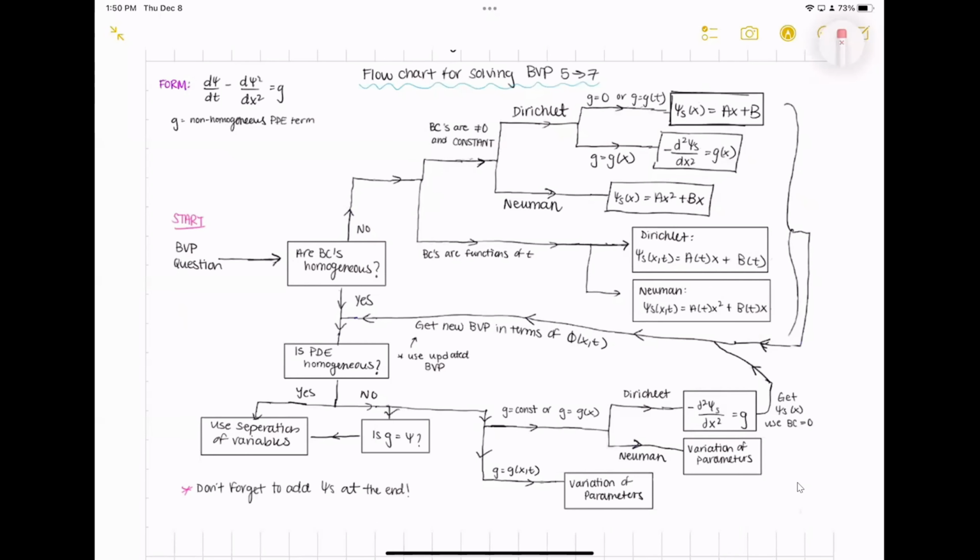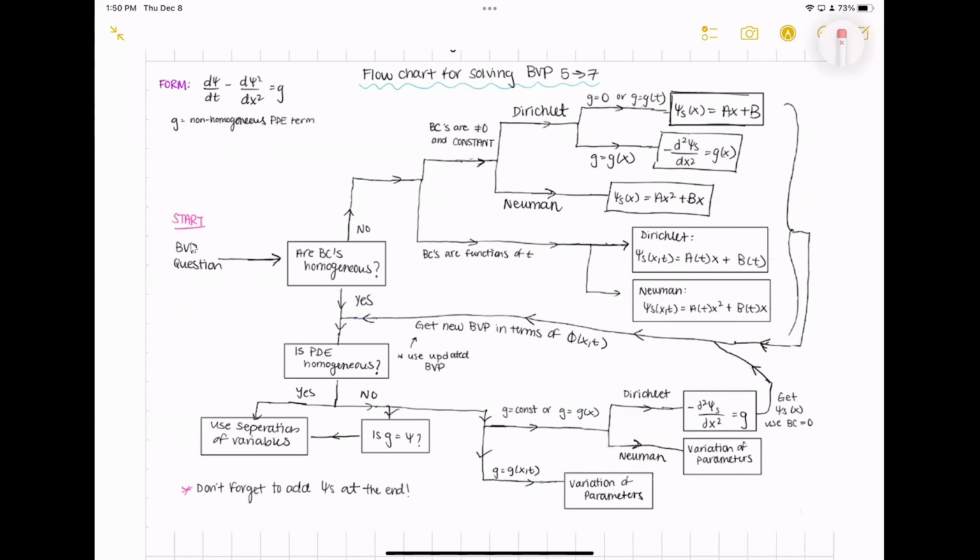So here you can see that there's a flow chart for solving BVPs 5 through 7 that's created. This is just an easy way of how to tackle BVPs 5 through 7. Following a series of questions, you start with your BVP of this form here, where G is your non-homogeneous PDE term.